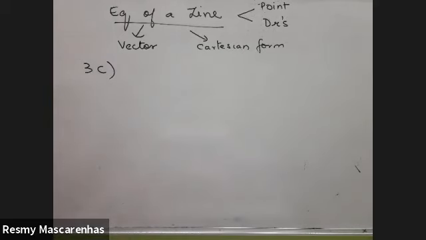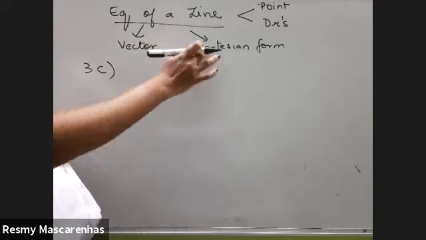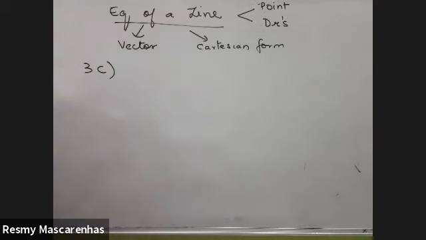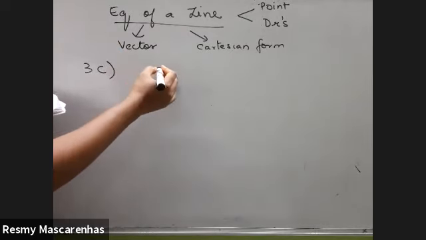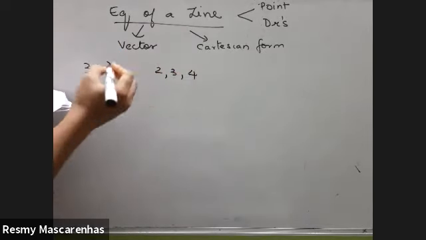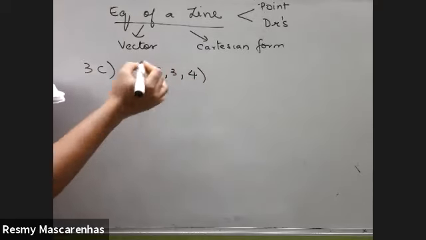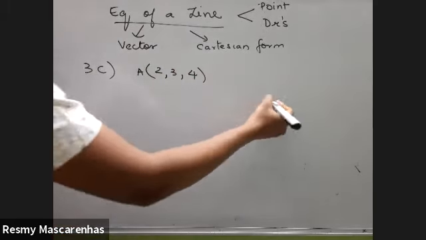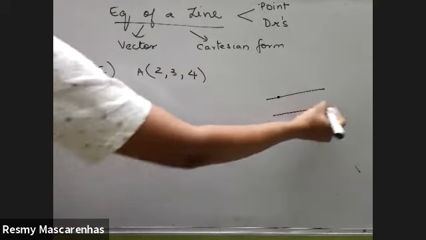What they've asked is to find the Cartesian equation, but we are finding both vector as well as Cartesian so that we get used to finding both ways. For the exam, if they specifically ask for Cartesian, then you can find just that. But as of now, I'm finding both. So in question 3C, you have to find the equation of a line passing through the point given to you, 2, 3, 4, and it is said that it is parallel to the x-axis.